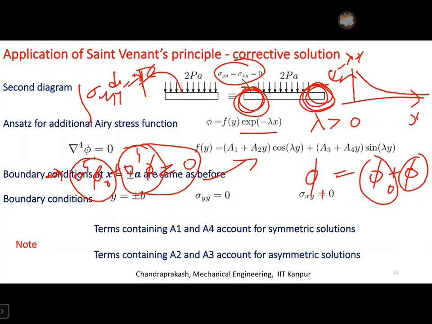These forms show up when you plot the stresses or the deformations. You don't have to tighten your head against this. Once you plot your solutions, you will realize it, or even towards the end, I will try to show you what symmetric and asymmetric are.